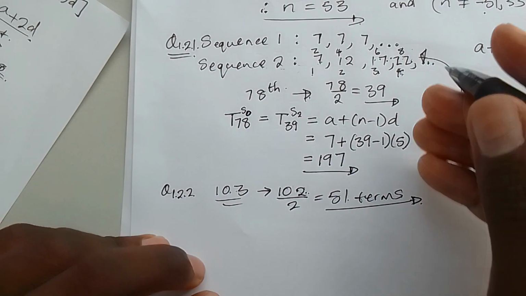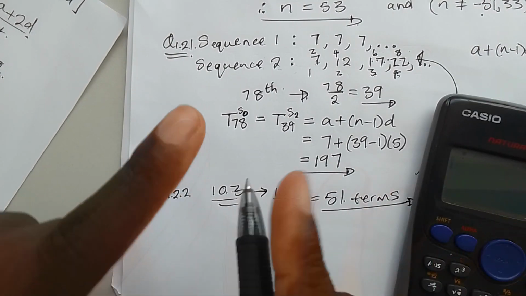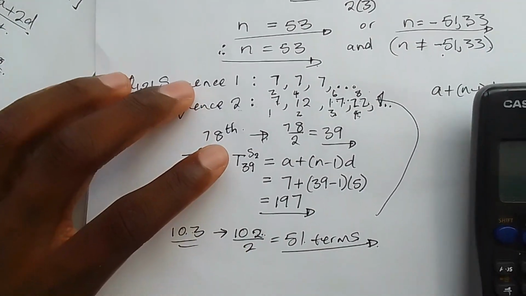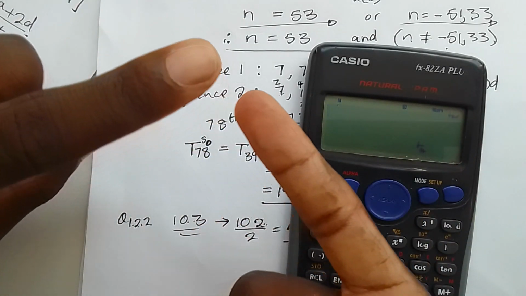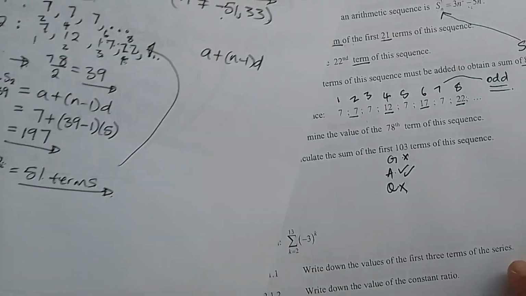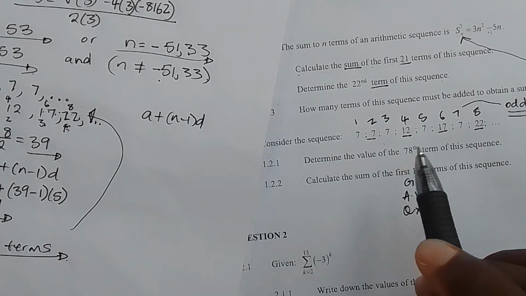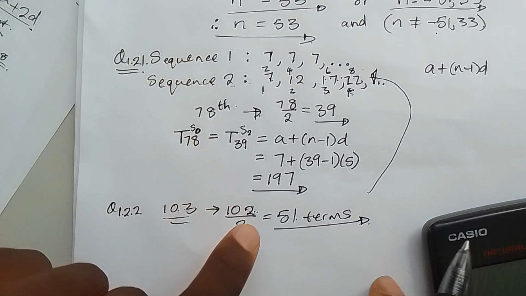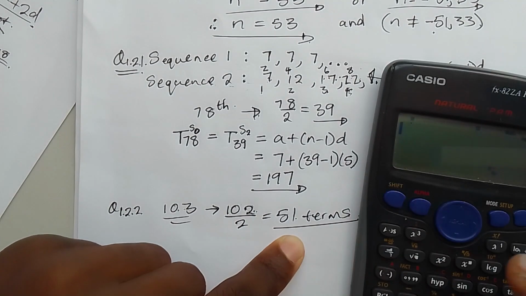But how many terms in the other sequence are we going to add? Now imagine it like this. The first term is a 7, right? But the other sequence should have one more. It should be 52, because, okay, yeah, this is an easy way.